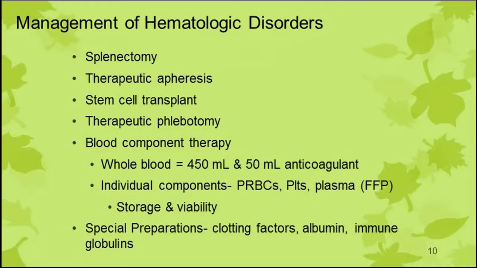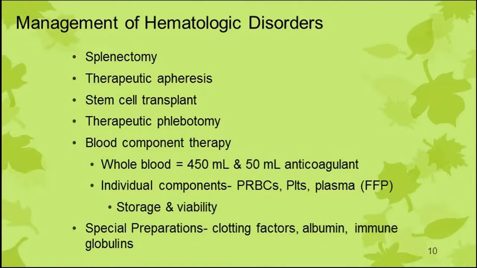And then probably the most common thing that you're familiar with is blood component therapy or transfusion therapy to treat hematologic disorders. We can give whole blood. Whole blood is basically 450 mils of blood component and about 50 mils of anticoagulant to keep it from clotting together in the bag.